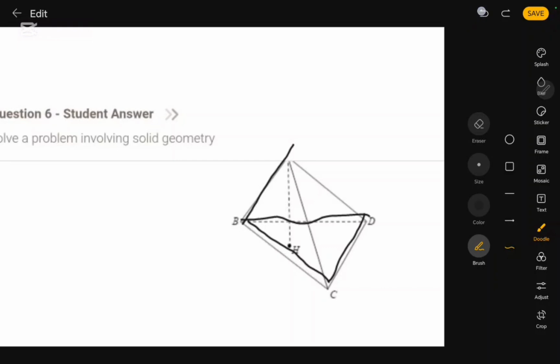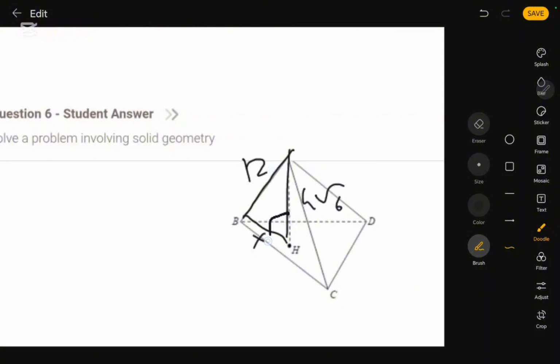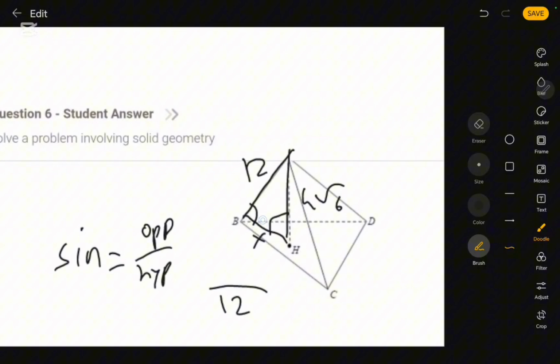And by already knowing from previous stuff, I made this triangle: this is 4 radical 6, over here is 12, and over here is x. You do Pythagorean theorem. No, not Pythagorean theorem, my bad. They want sine. Sine equals opposite over hypotenuse. Hypotenuse is the one facing away from the right angle, which is going to be 12. And opposite to this angle right here is 4 radical 6. You simplify, you get 1 over 3 radical 6.